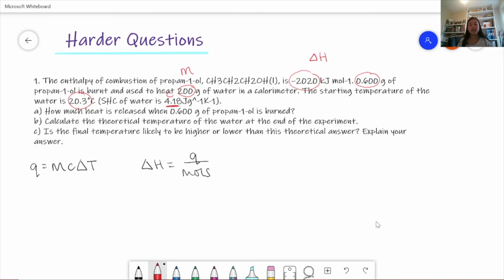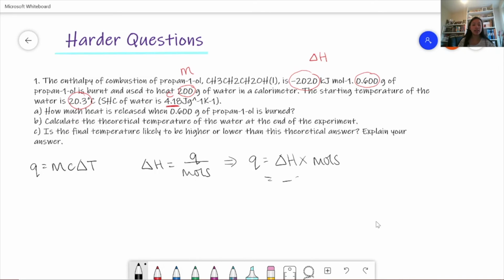And we have the delta H, and we can find the moles by using the mass here and dividing it by the MR. So if we rearrange this formula to get Q as the subject, then we can hopefully use it in this equation, which, if we rearrange it to find delta T, then we'll be able to find it. So Q equals delta H times moles.